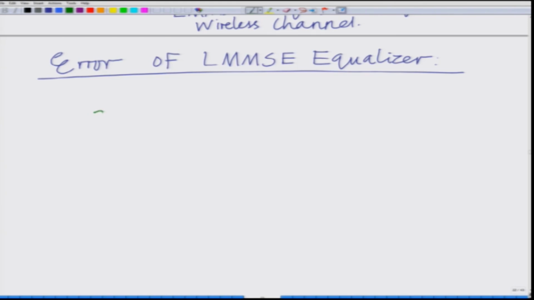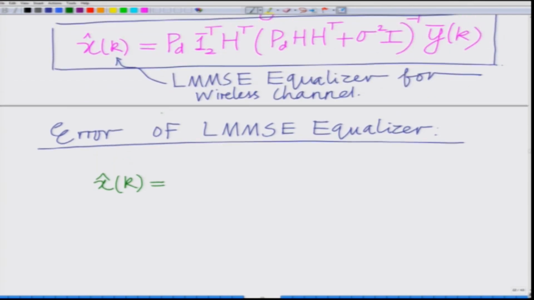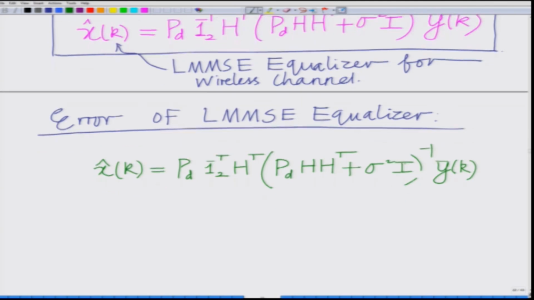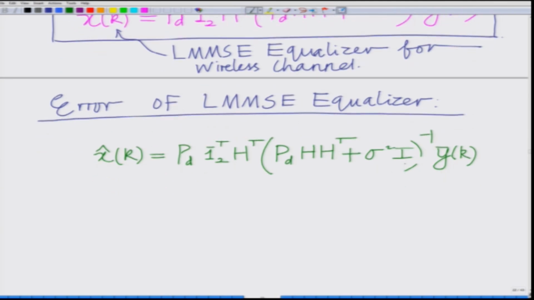Remember, we have derived the LMMSE equalizer as x hat of k equals PD 1 bar 2 transpose H transpose (PD H H transpose plus sigma square I) inverse y bar of k.